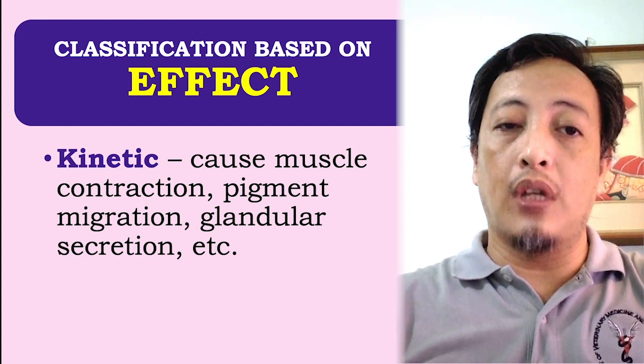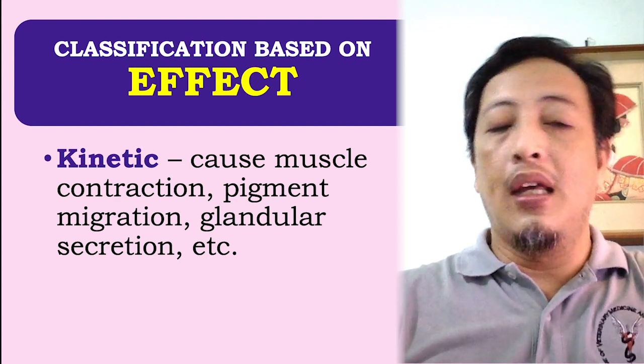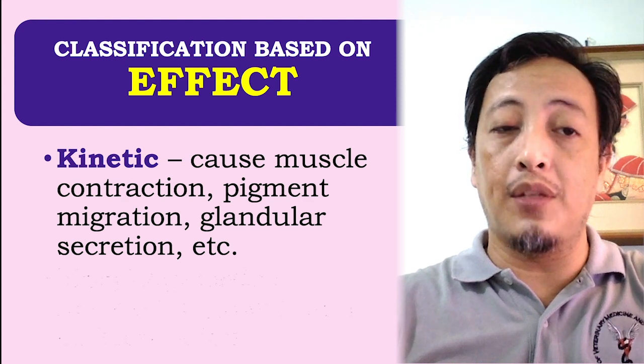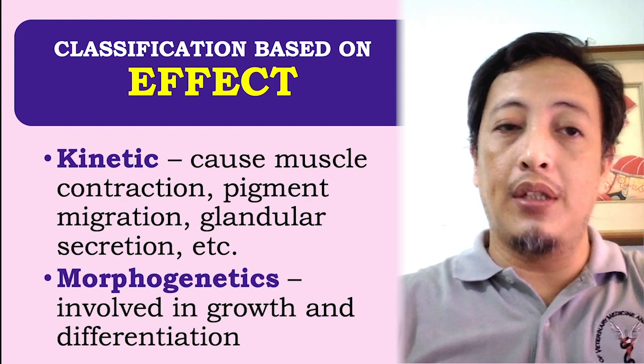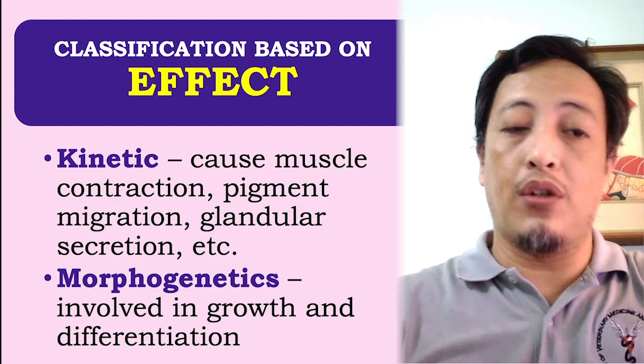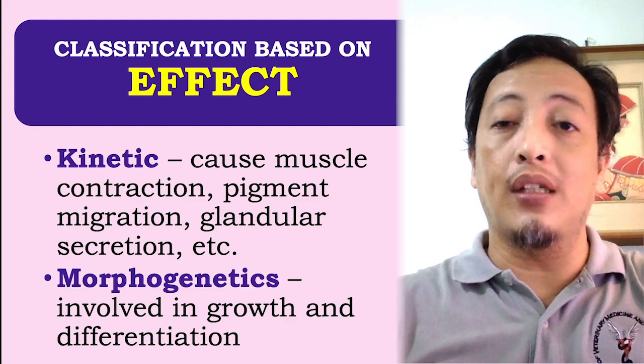These hormones are those that cause muscle contraction, pigment migration, glandular secretion, and other similar processes. And also we have the morphogenetic hormones which are involved in growth and differentiation. I'm sure you are thinking of growth hormone, which is in fact a morphogenetic hormone.